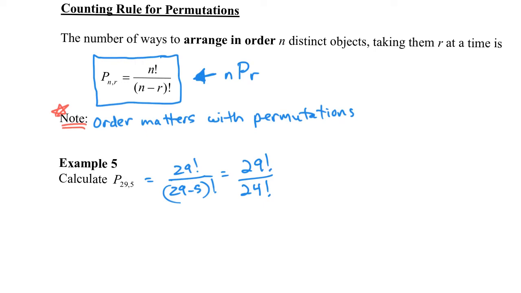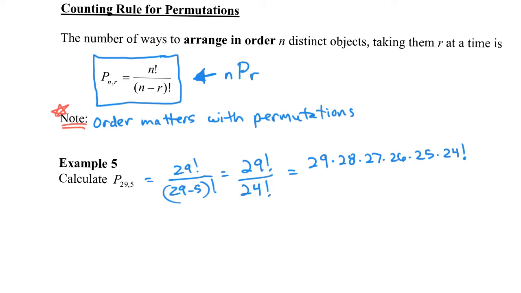And then the way you can do these on the calculator, because like we said, if your calculator has anything like 80 factorial, it can't do it, and it wouldn't be all that unlikely to get one like that. So we're going to write this in a way that will allow us to cancel. We write this as 29 times 28 times 27 times 26 times 25 times 24 factorial, right?